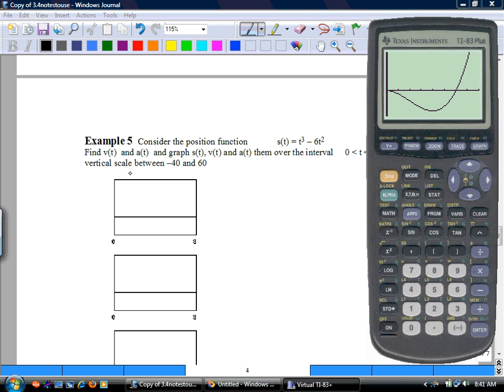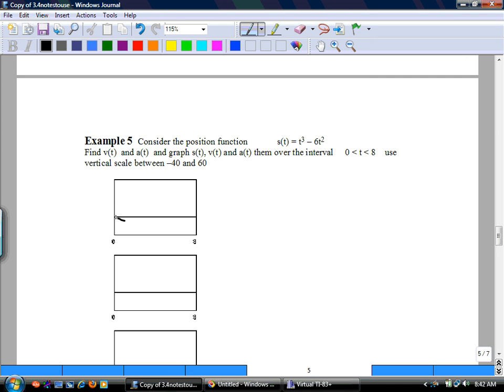Take note where the curve cuts through the t-axis. Also take note of where it's got a nice flat bottom. y1 equals t cubed minus 6t squared.